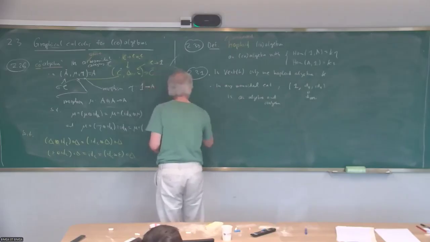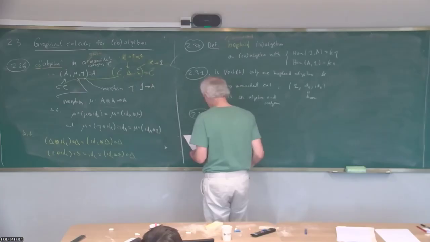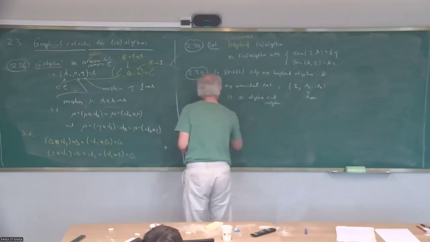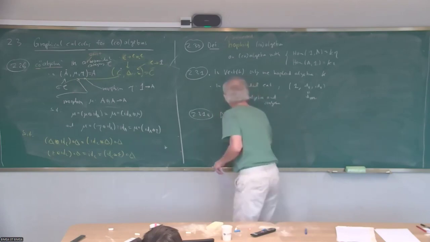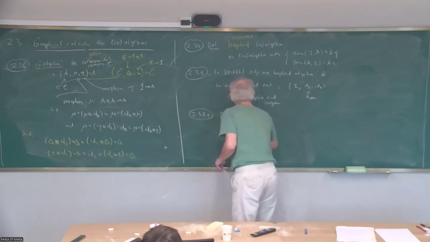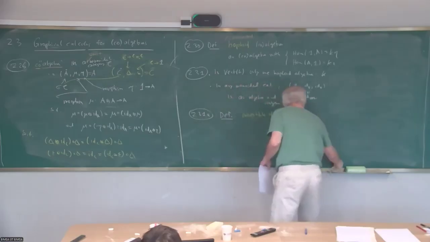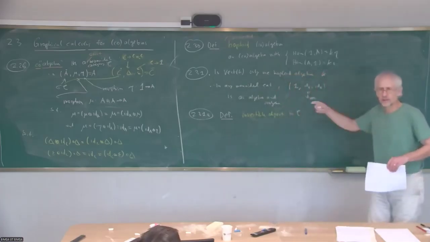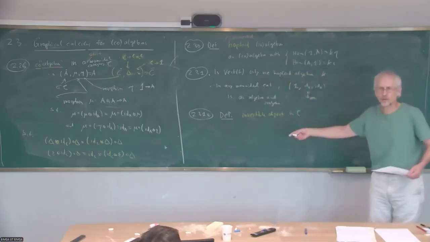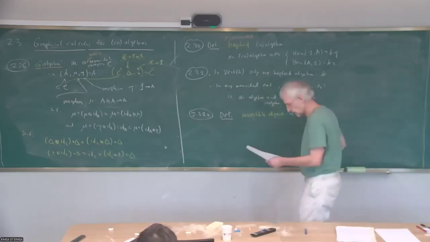Then, since this is a side remark, but a long side remark, I have some sub-labelings here. I first introduced the following definition. An invertible object in C, when any statement I make only makes sense in monoidal categories, I don't say monoidal all the time. So C is a monoidal category.